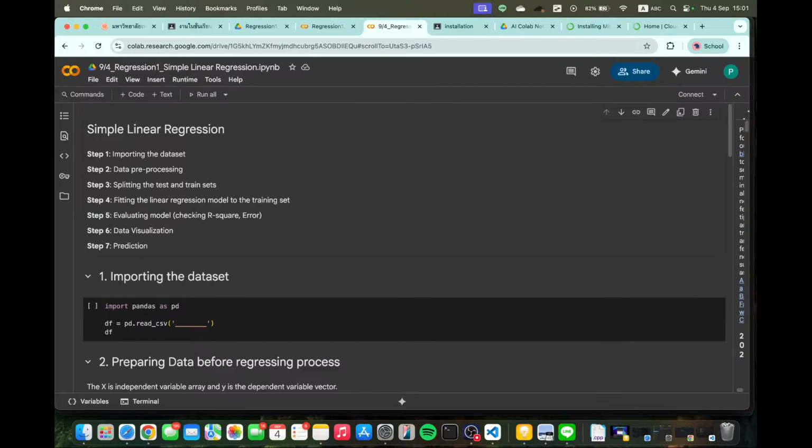YOLO. You can search through the internet. YOLO is the popular model for many applications, for example, object detection.